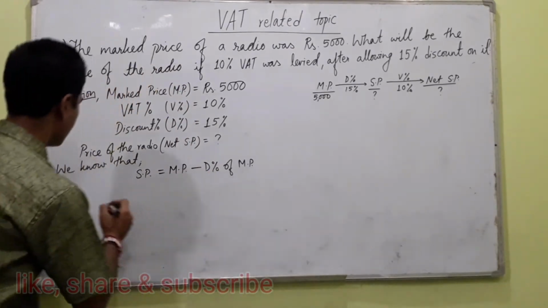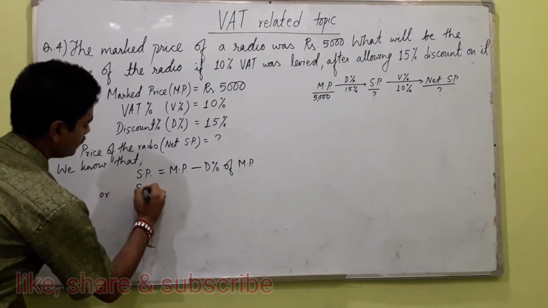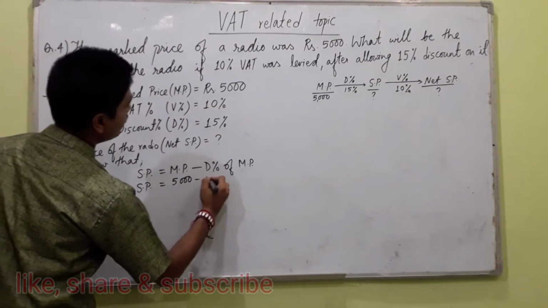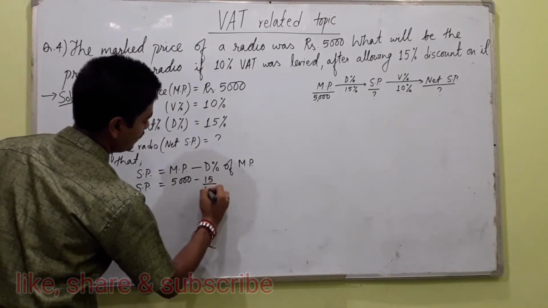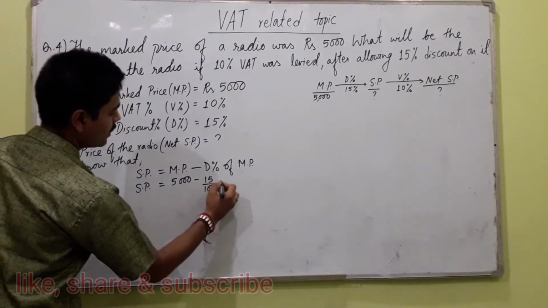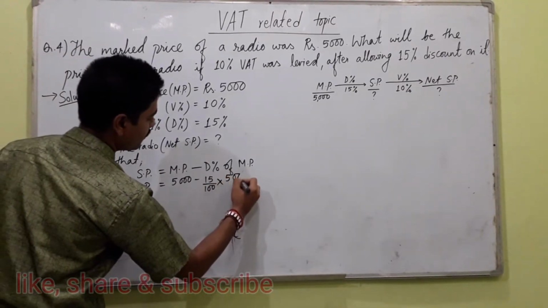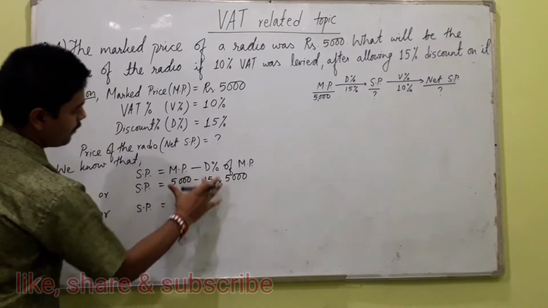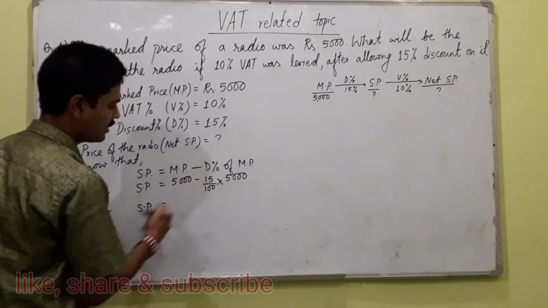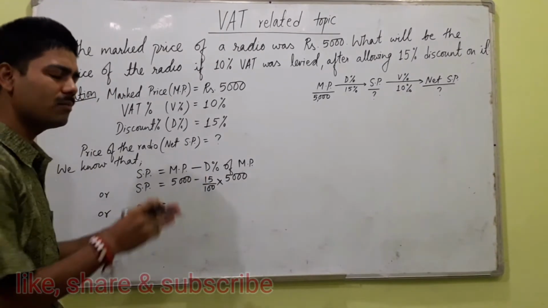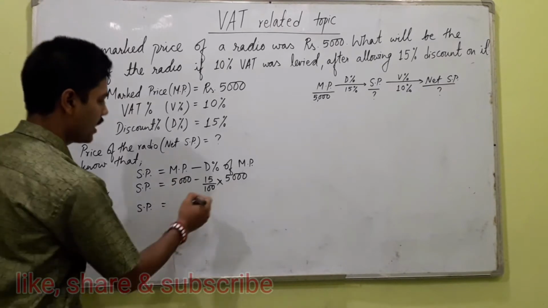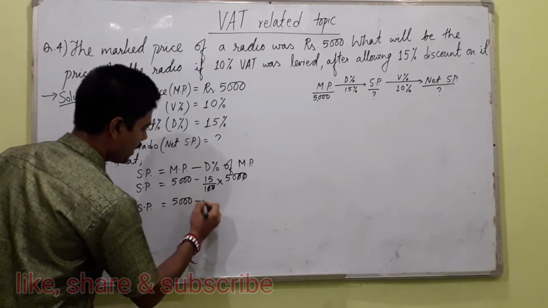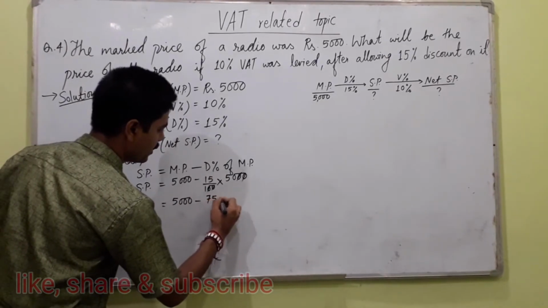Now our SP is easy to find. Mark price is rupees 5,000 minus discount 15%, meaning you change it into fraction form, into mark price 5,000. I have already explained how to solve this type of situation, but here everything is in numbers. There is no variable given, so simply you can divide in a basic way, like 2 zeros will be cancelled, and here is 5,000 minus 15 5s are 75 0.